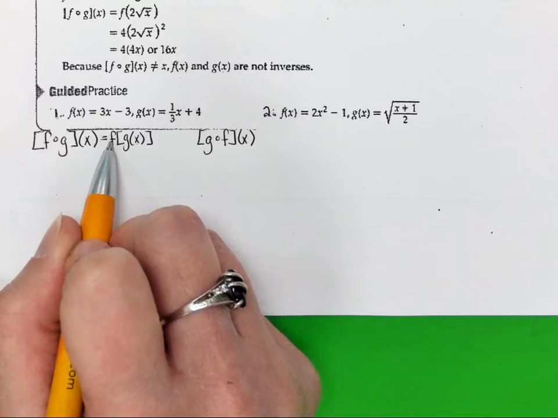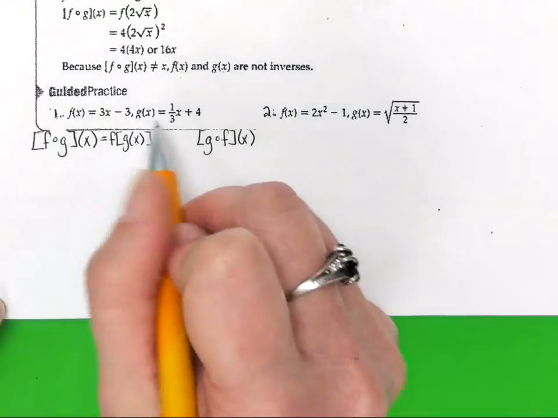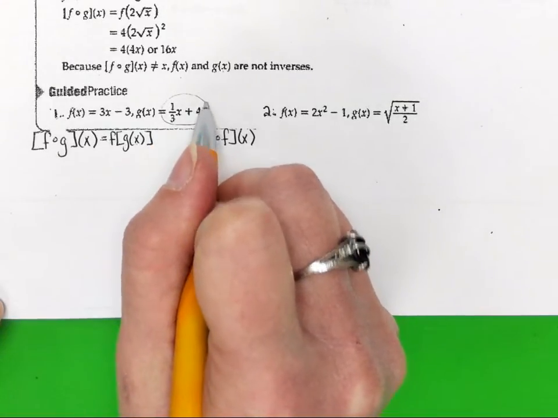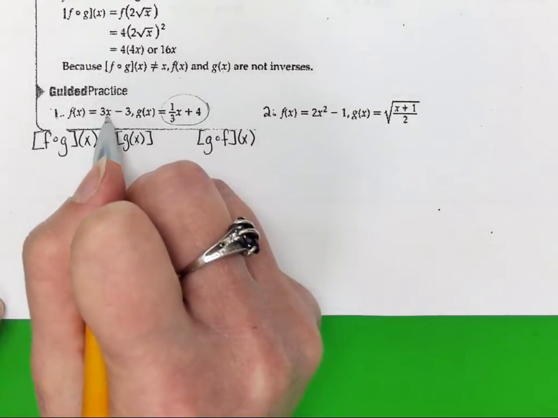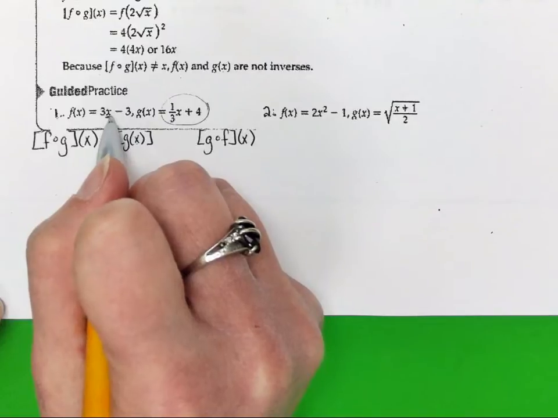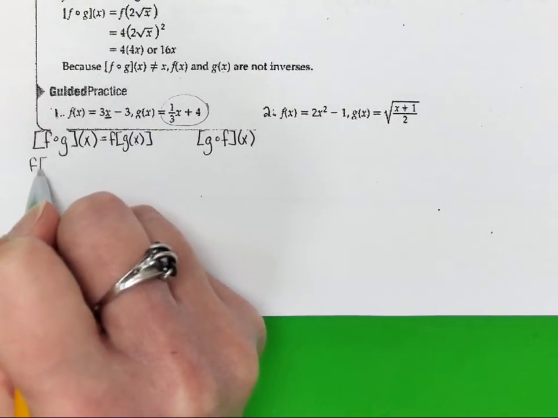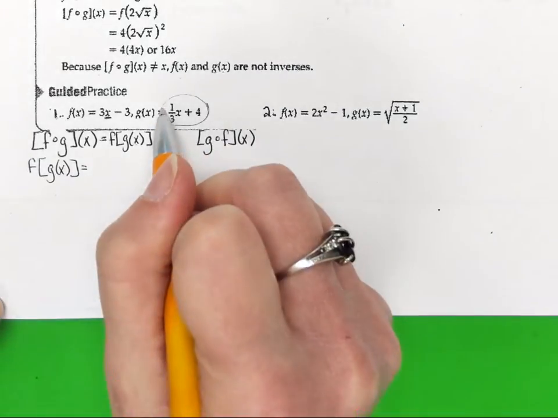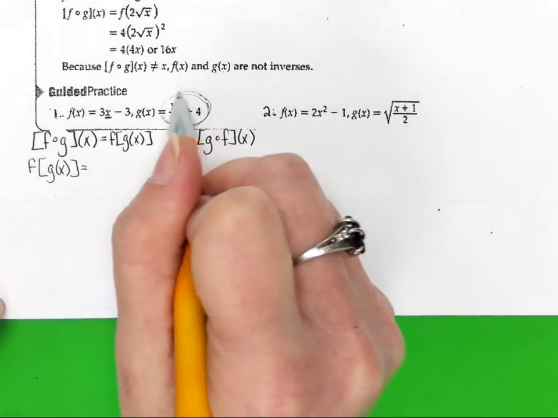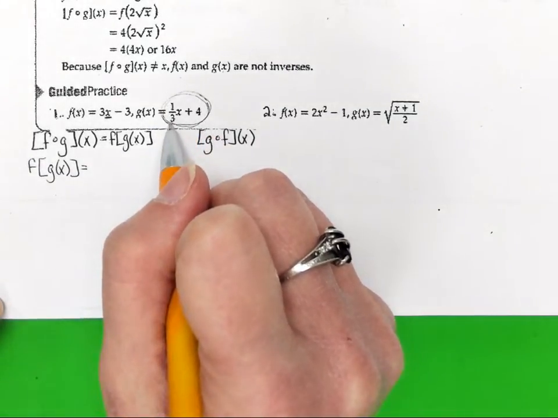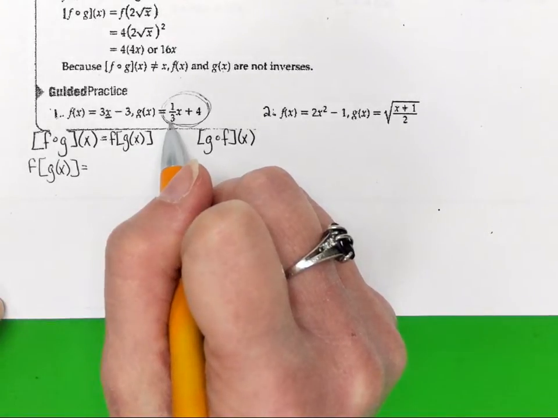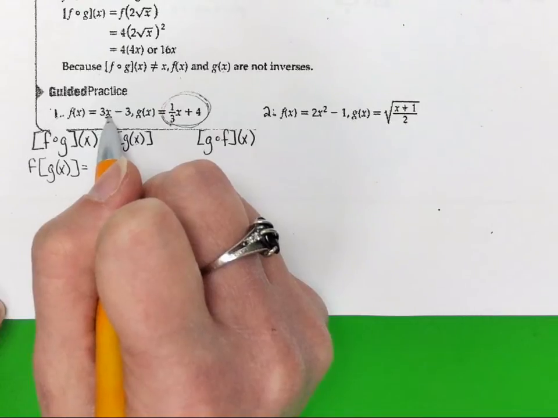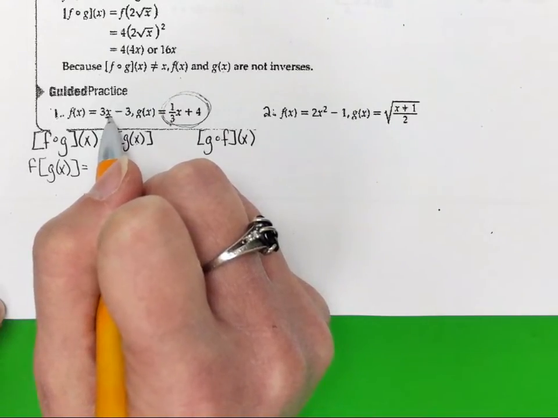Okay, what is G of X? 1 over 3x plus 4. And that is going to go in the place of this X right here, okay? So that's going to go in the place of x in f of x.